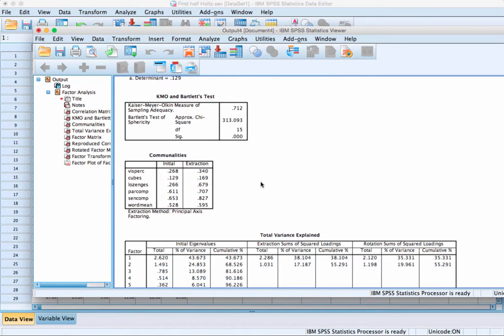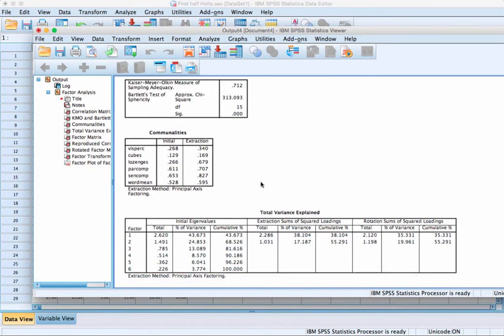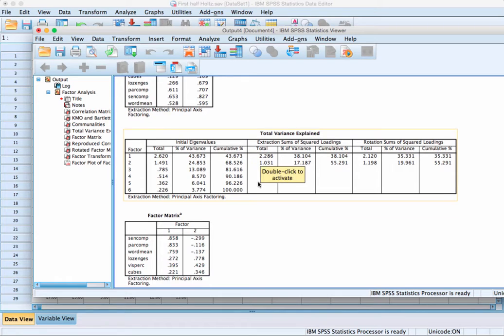I'm going to come back to the communalities in a minute, but I want to go down to this total variance explained. What this tells us is that we've identified two factors that have eigenvalues above 1.